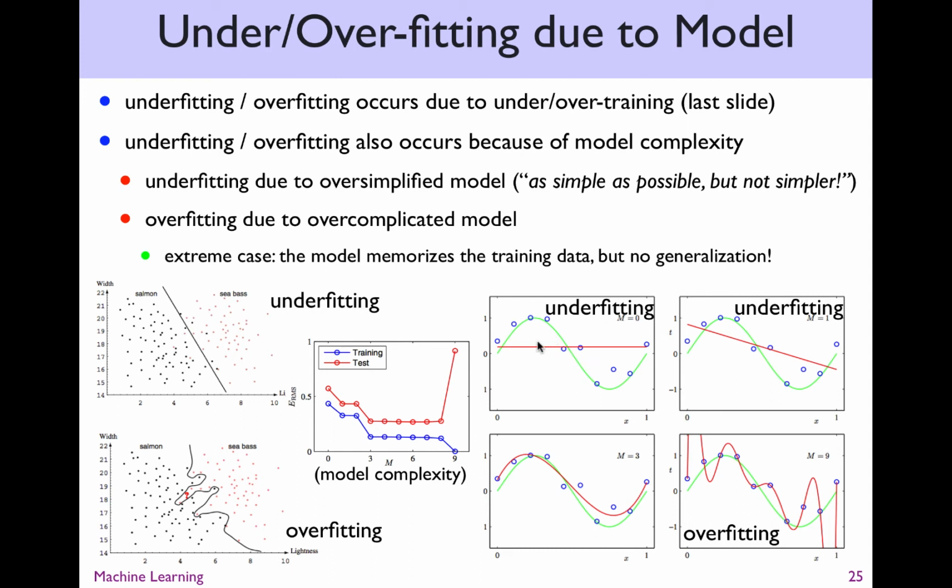So in both cases, undertraining, overtraining versus model complexity being too high or too low, there's always a curve like this, where training error always monotonically decreases, and test error or generalization error first decreases and then increases, right?